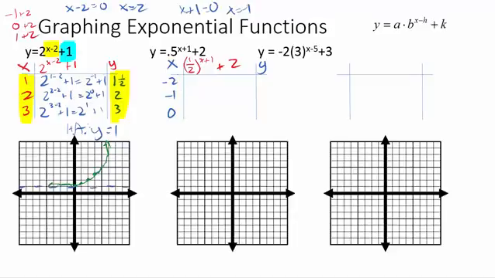Now if we plug this in, we'll plug in -2 first, so 1/2 to the -2 plus 1 plus 2, and that should just be 1/2 to the -1, all in parentheses here, plus 2. And we know that anything to a negative power just flips it upside down. If it's to the -1, that would be just 2. So 1/2 to the -1 is 2. And 2 plus 2 is 4. So this guy should be a 4 over here.